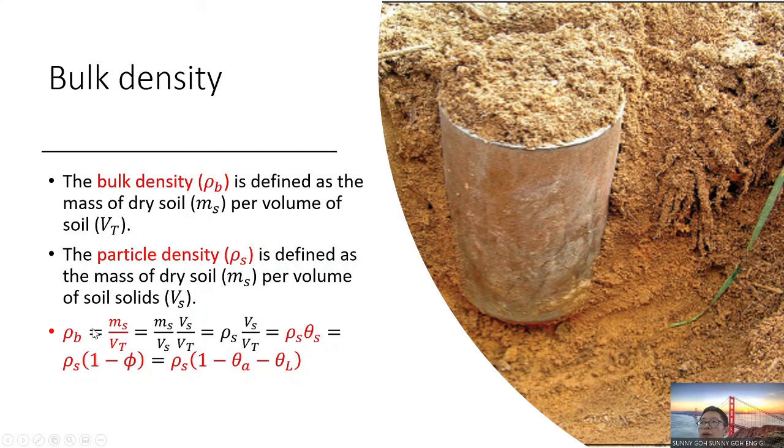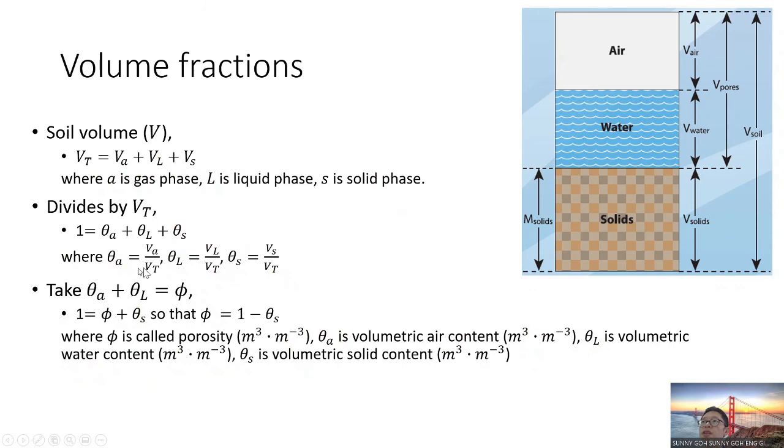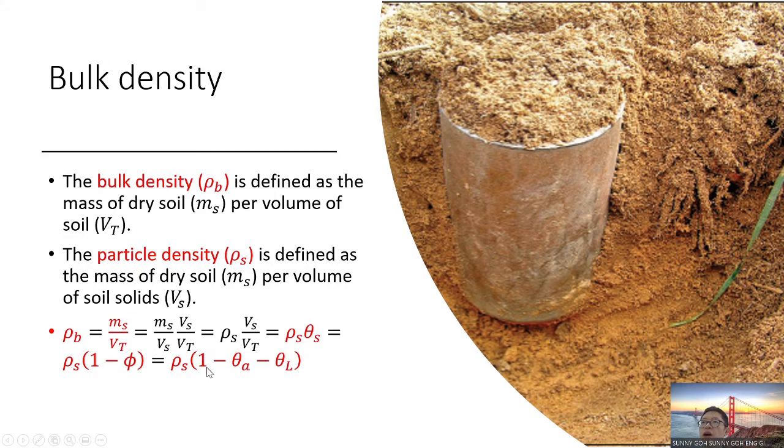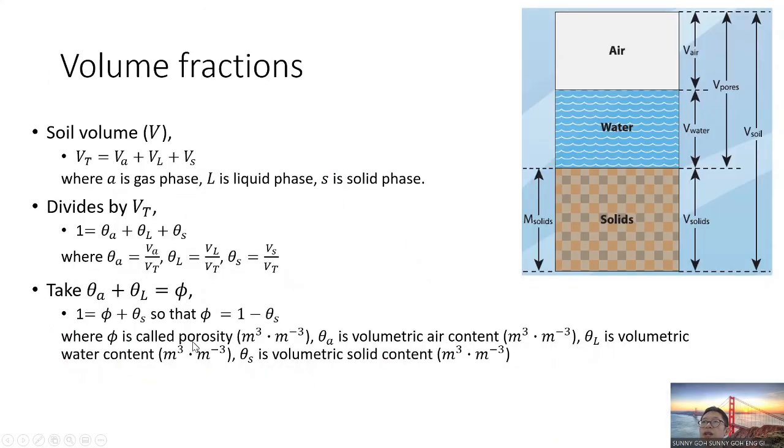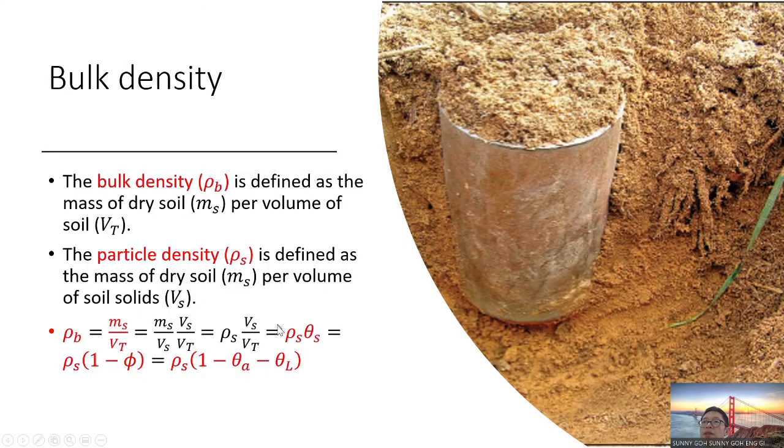So now rho b equals rho s times (1 minus phi). And you know that phi is a sum of theta a plus theta l. So now you can get 1 minus theta a minus theta l. This formula is derived to show you how the soil parameters are related to one another. Don't worry about the derivation of this equation. When it's needed in the exam, this formula will be given to you.